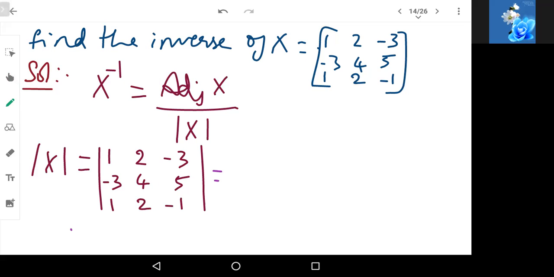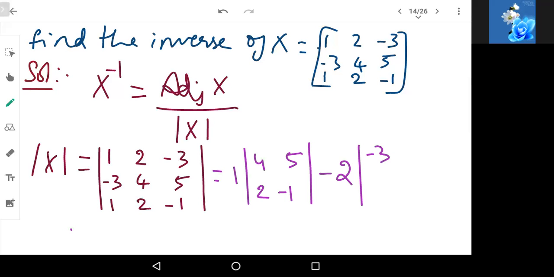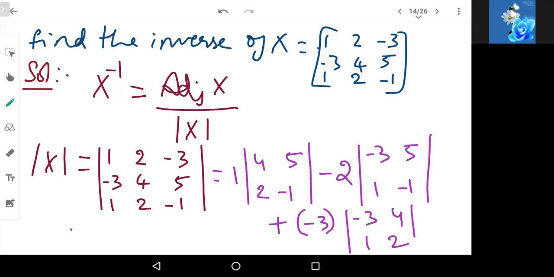Is equal to 1 into, what is the minor? 4, 5, 2 and minus 1, and minus 2 into minus 3, 5, 1 and minus 1, plus of minus 3 into minus 3, 4, 1 and 2. So these are the minors that we get.